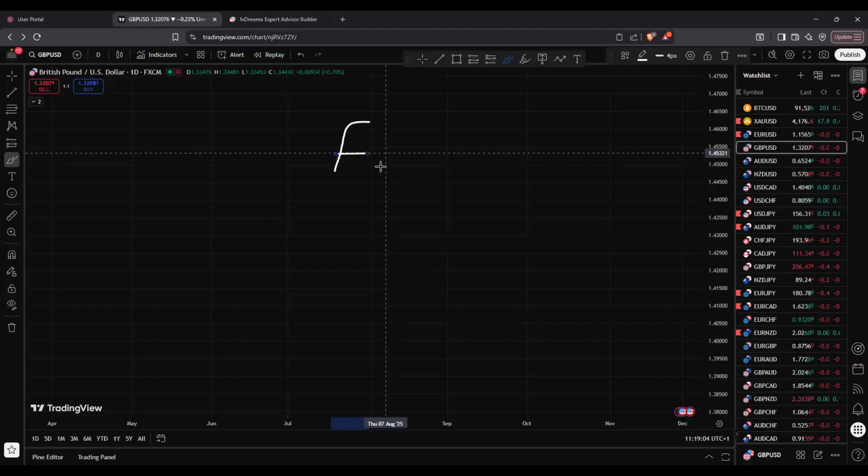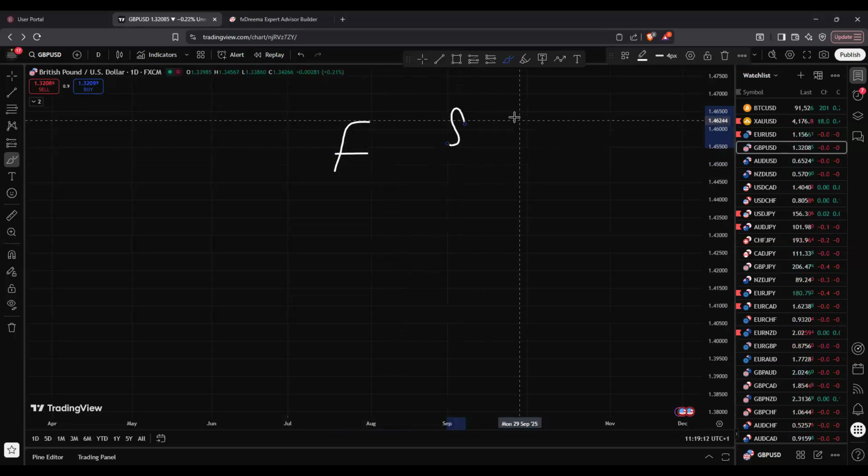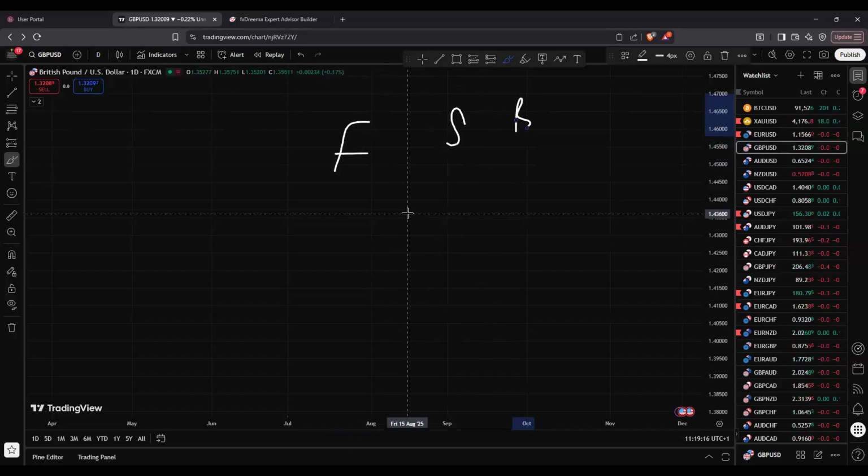So if you're writing a recipe so that somebody else can easily follow, you say, use X amount of flour, X amount of sugar, X amount of butter. And then you say mix the flour with water until it is a particular way, and then do the same. So you're going to write specific instructions telling it what to do. Now in building an EA, we're going to do something very similar.